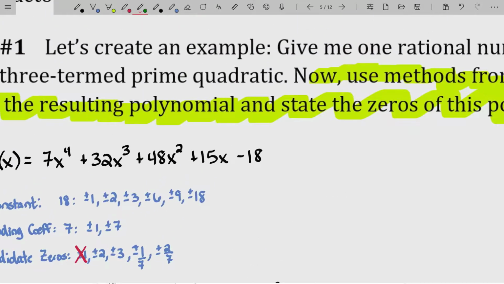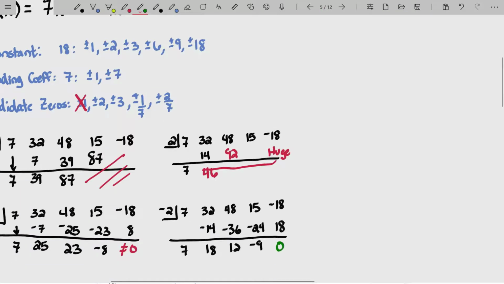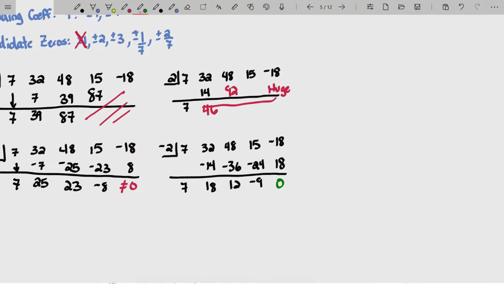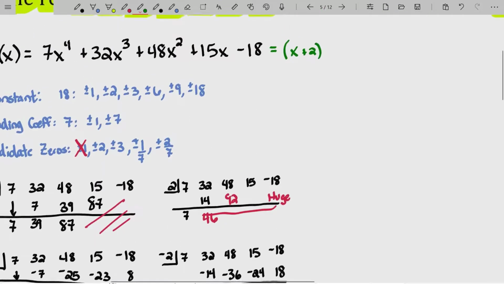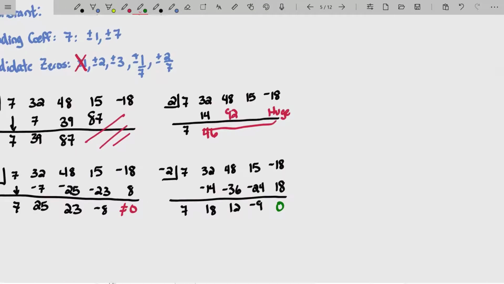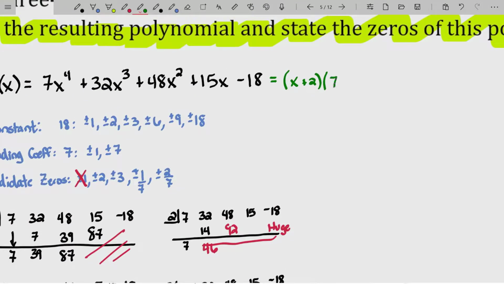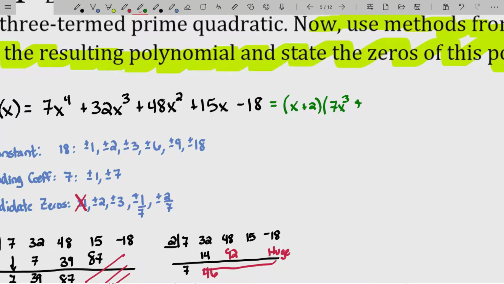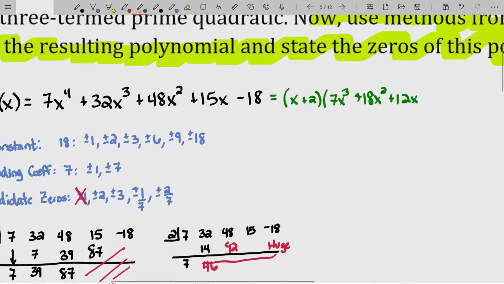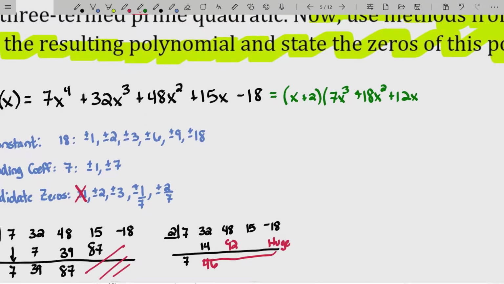So my polynomial is equal to x minus a -2, which is x plus 2. And then we're left with a polynomial, 7x cubed plus 18x squared plus 12x, and finally -9.